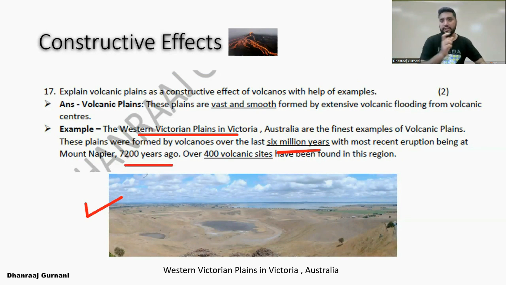The most recent, can you see the word used, recent eruption? The geological age. 7,200 years as per geological age is recent, which happened in Mount Napier. And finally, over 400 volcanic sites have been found in this region.